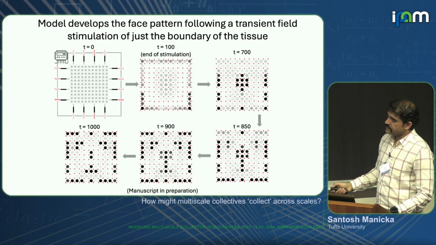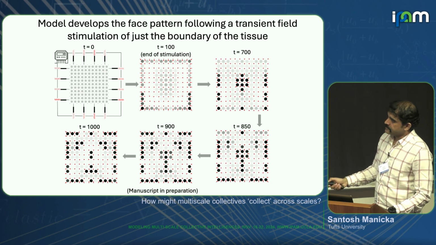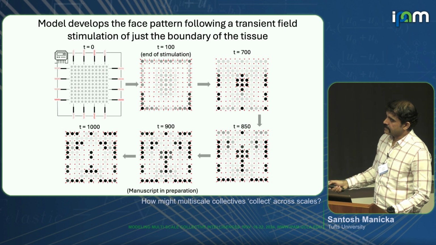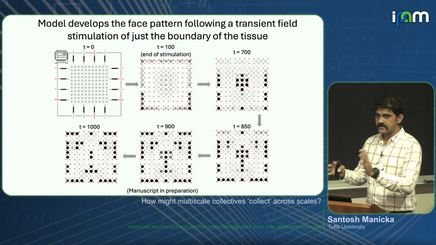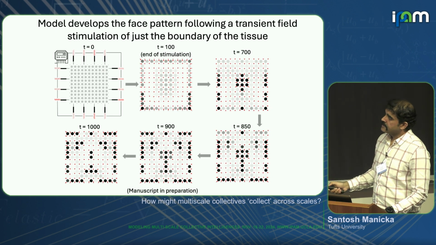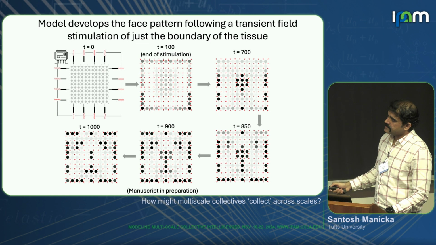So here's an example of how the network does that. Initially at time step 0, we start stimulating only the boundary. Again, this is like controlling only the boundary, and we don't go into the bulk of the tissue at all. And at the end of the stimulation, we get this pattern that doesn't look anything like the face at all.